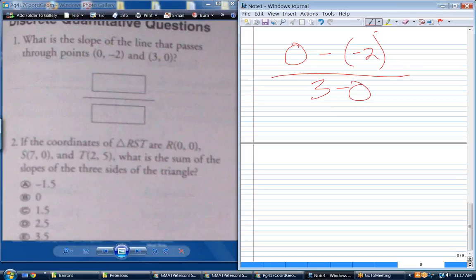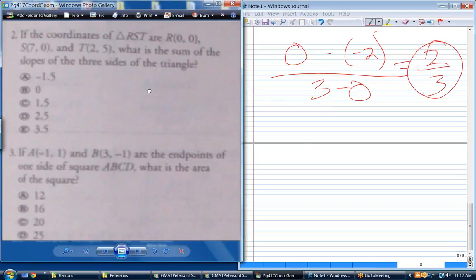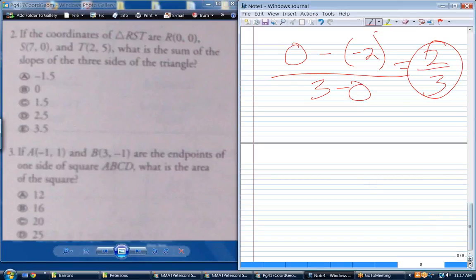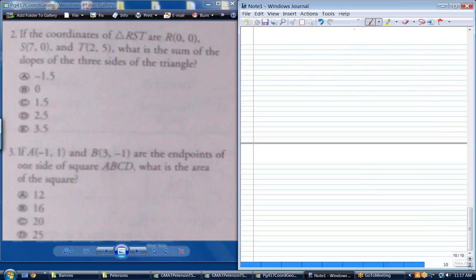It's 2 divided by 3. Right. Oh, this is what they mean by coordinate geometry. Yep. Okay, so we have point.